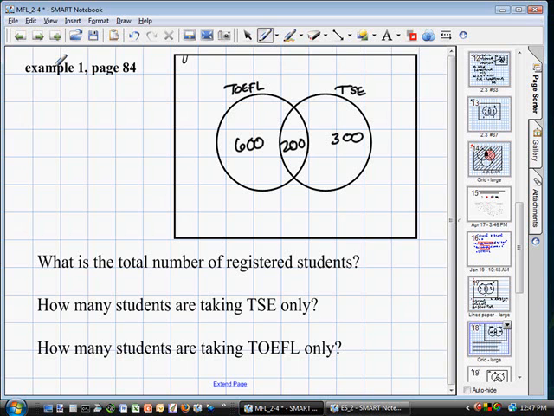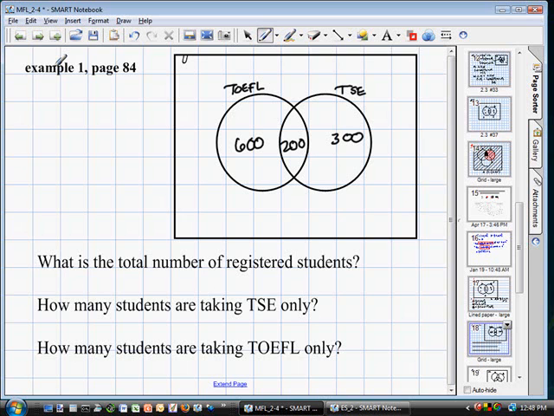Okay, you notice we have some numbers here. Before, when I had numbers in here, those were region numbers. These numbers actually indicate how many. So in other words, this 600 is saying there are 600 people in this part of the diagram, there are 200 people in this part of the diagram, and there are 300 in this section.